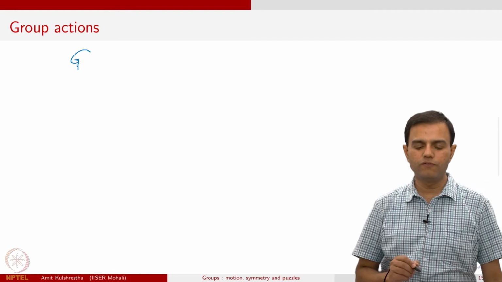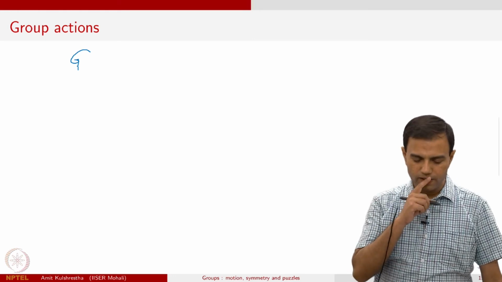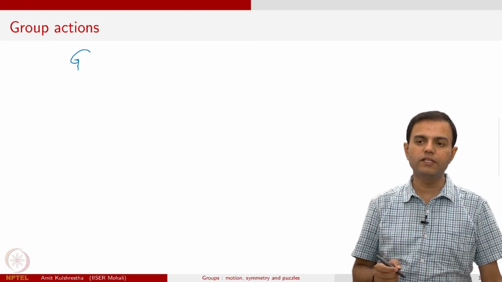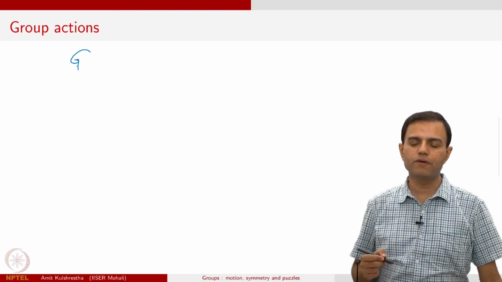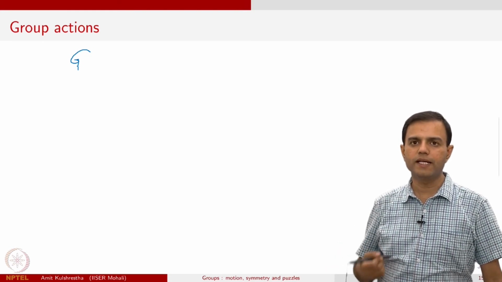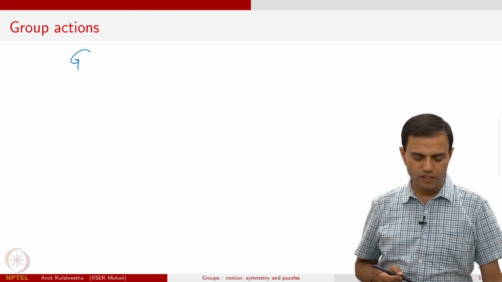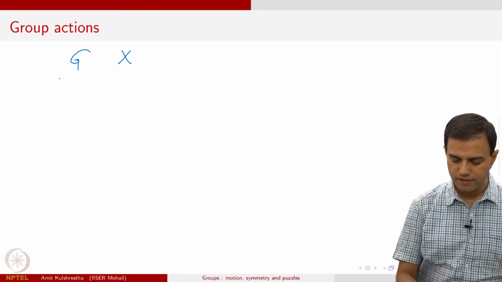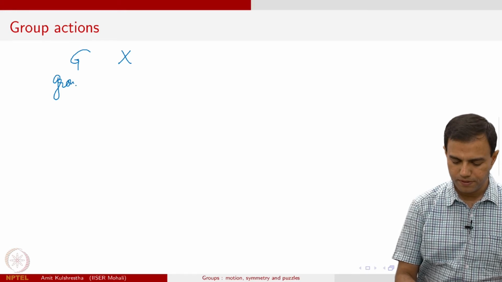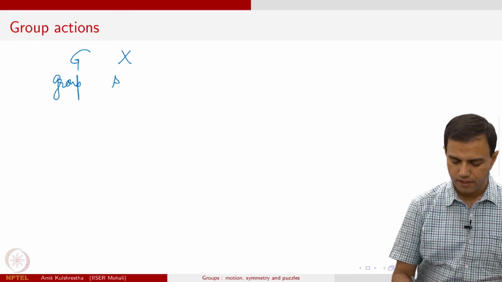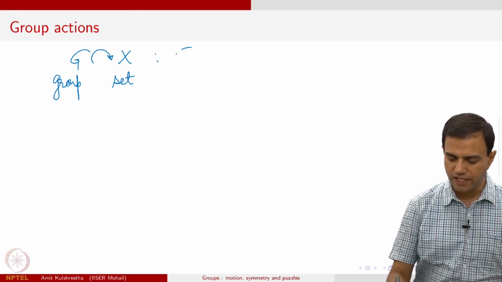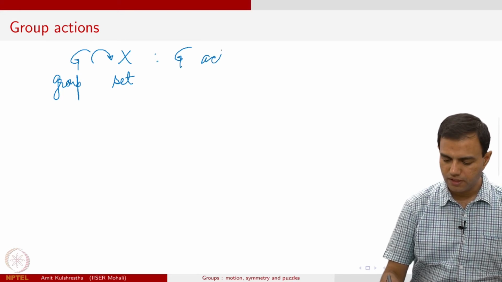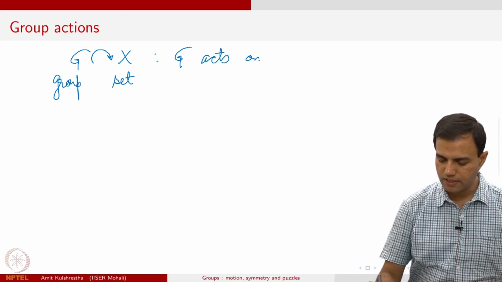Recall that a group was a collection of objects along with a certain operation which followed certain axioms that I discussed in the last class. So, here is a group and here is a set. I have a group, I have a set, and I say that G acts on X.